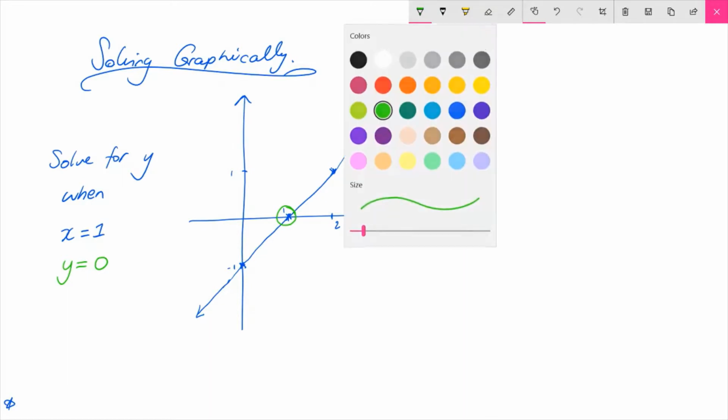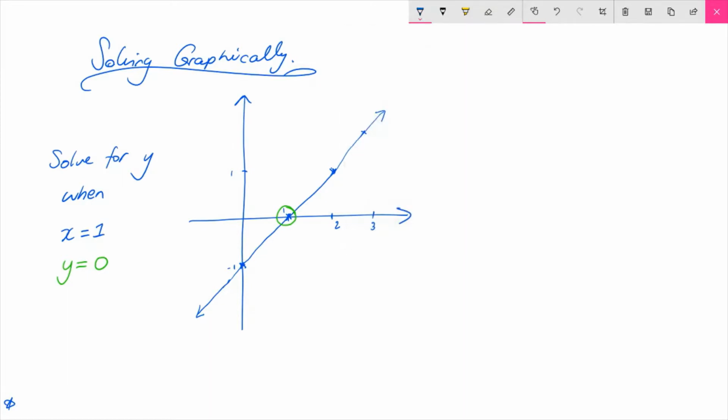Let's have a look at solving for x. Let's try and solve for x when y is equal to 1.